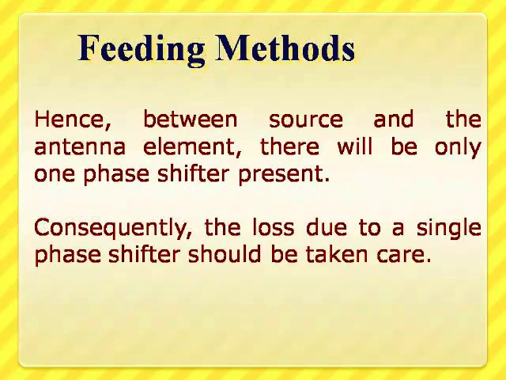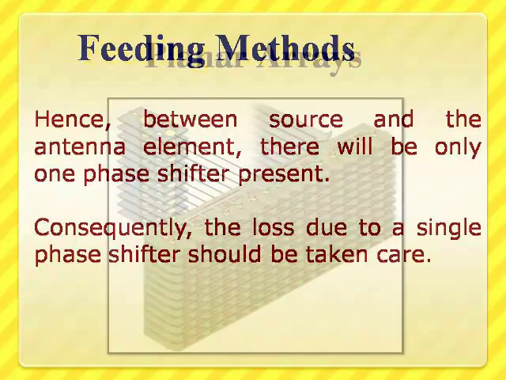So in this case we have different amount of loss compared to the series feeding, and here before the element there is only one phase shifter. So the loss of the phase shifter in the entire network from the source up to the element, there is only one time we are going to add for this.